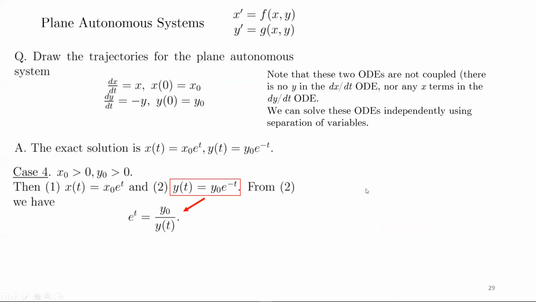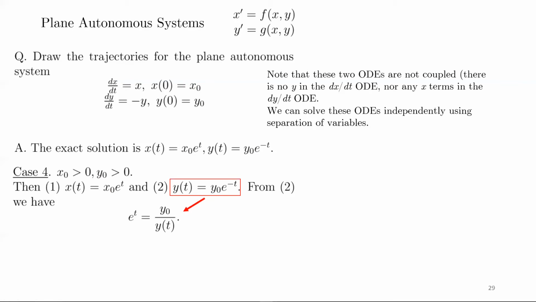But I can actually rearrange this equation to make e to the t the subject of the formula. So if I multiply both sides by e to the t, and I divide through by y of t, then I get e to the t equals y naught divided by y of t. Right, just rearranging that equation there, nothing tricky.